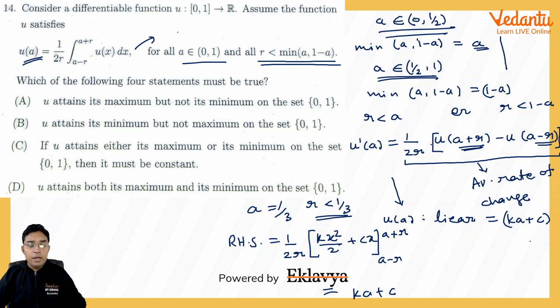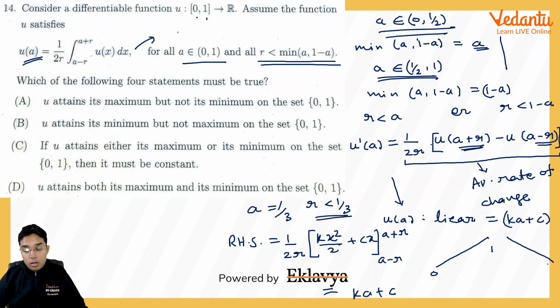So if k is positive, it will be an increasing function, so at 0 and 1 it will be attaining minimum and maximum. If k is negative, it will be attaining the opposite: at 0 it will be maximum, at 1 it will be minimum. So it will be either like this or like this at 0 and at 1. So it should be attaining either maximum or minimum on the set 0, 1.